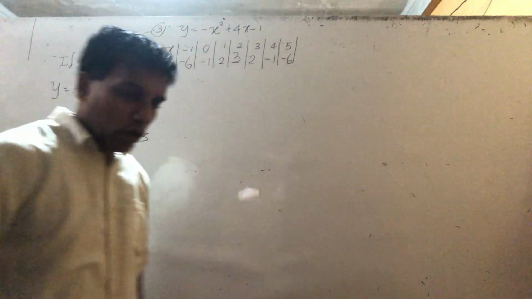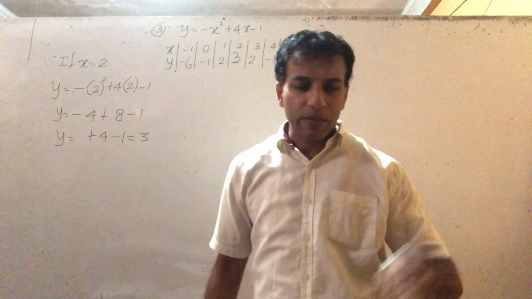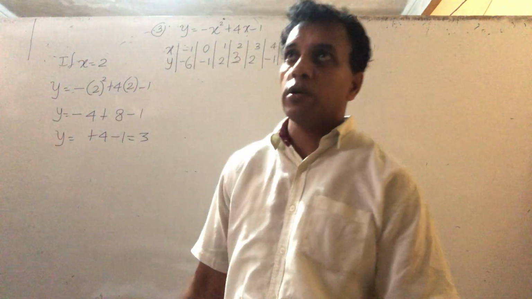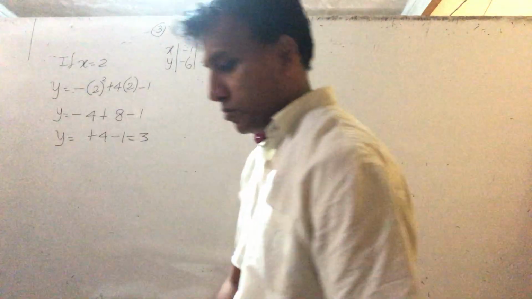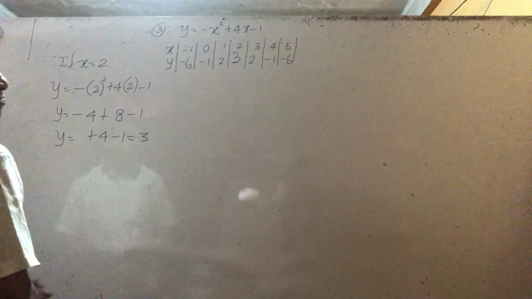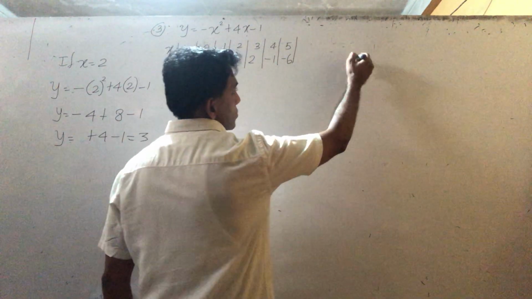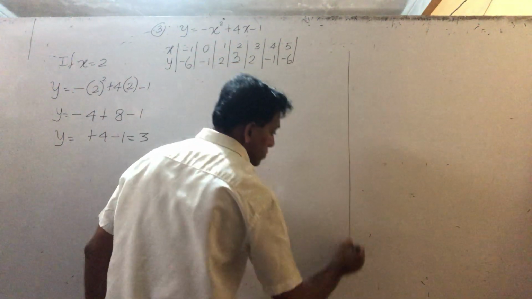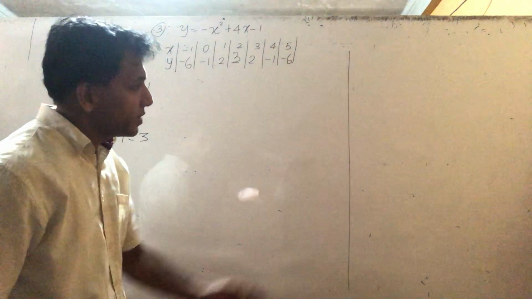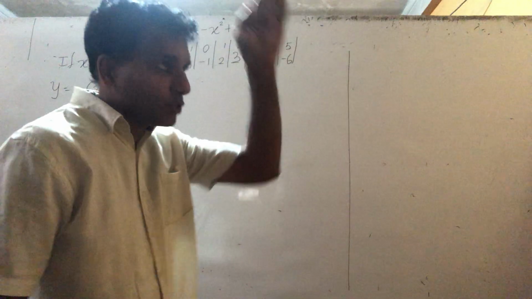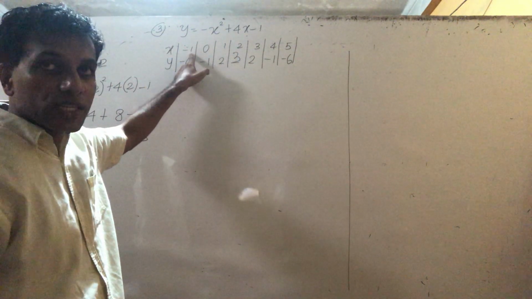Okay, now draw. I hope you have the graph sheet now. Take a proper scale and draw the maximum parabolic curve. When drawing the graph, draw the x-axis first by referring to the x-coordinates. Here x starts at minus 1.